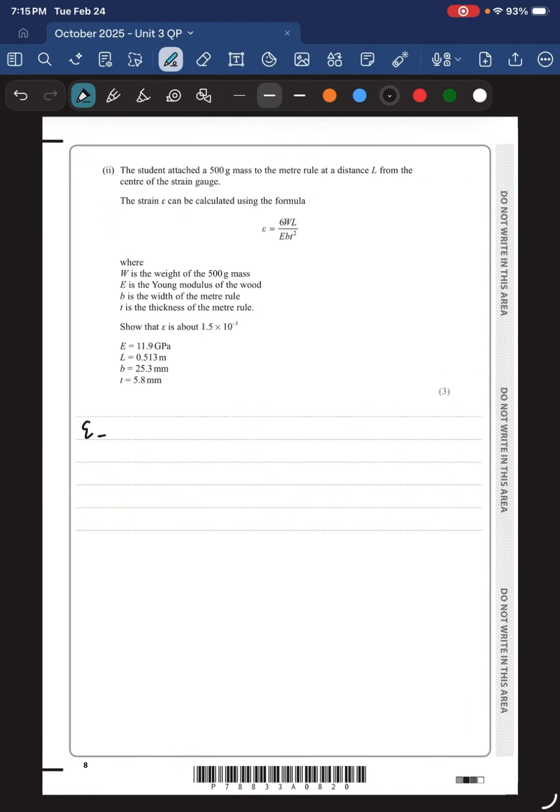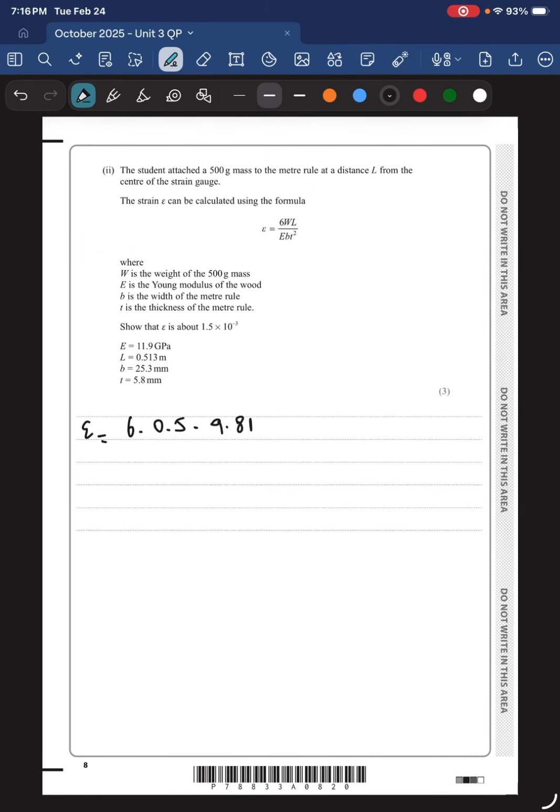So let's plug in the numbers. Epsilon is 6 times the weight, which is 500 grams, so 0.5 kilograms times g, which is 9.81. So again, my strategy is that when I'm performing a numerical calculation, I put all the numbers to the left and all the units to the right.